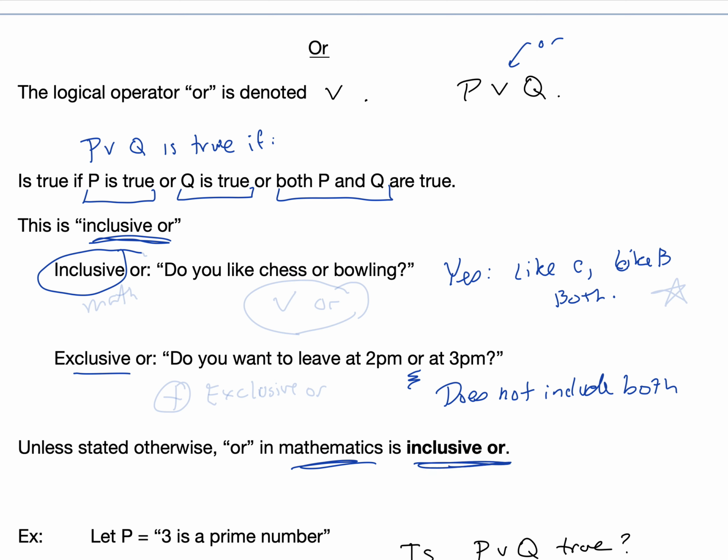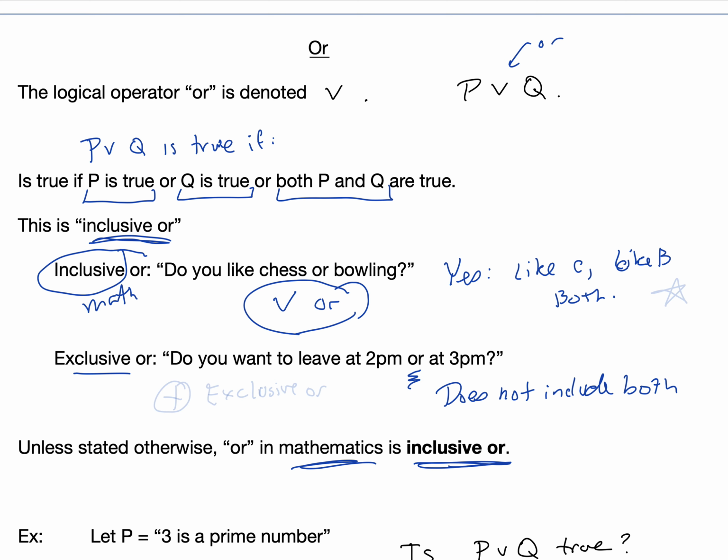So if you're in some kind of math-related class and they use the term or, they mean inclusive or. So in math, we always mean inclusive or, unless we specifically say we're talking about exclusive or. So this symbol is the symbol for or in mathematics.